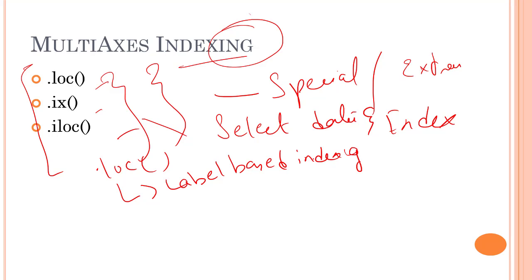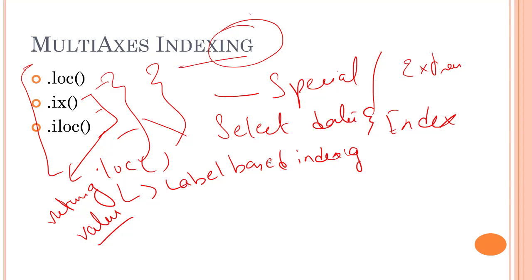Now moving to IX and ILOC. These are similar, but not completely similar; for one reason they are similar: both are used for the indexing option and return a value. So that is the similarity between IX and ILOC in Pandas.